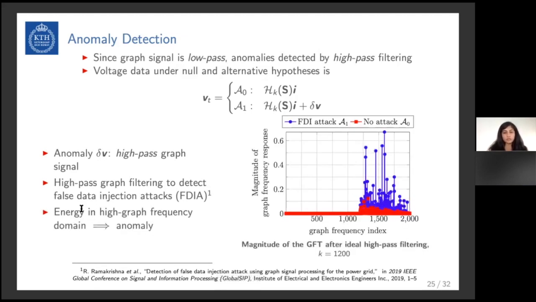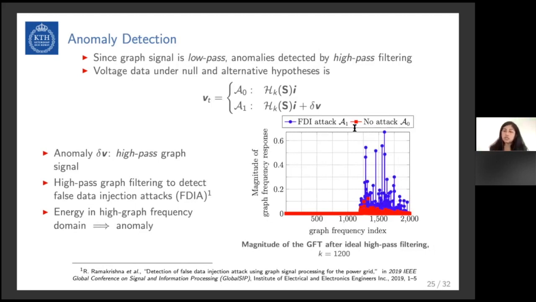And what we use is that the energy in the high graph frequency domain implies an anomaly in the system. So the figure here I show is the magnitude of the graph frequency response after high pass filtering.